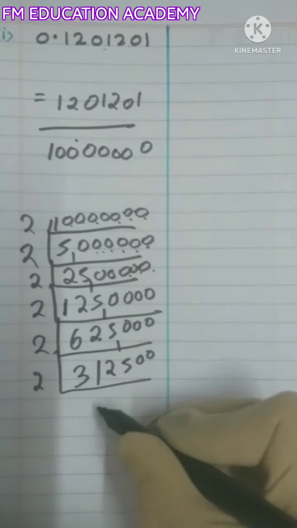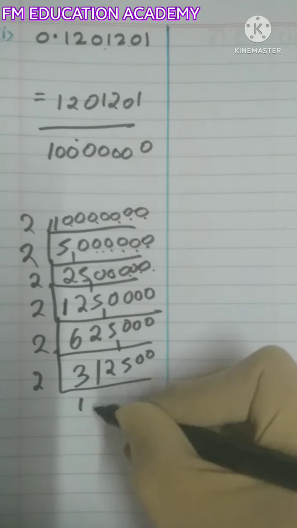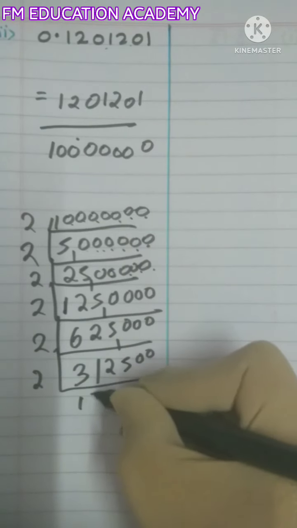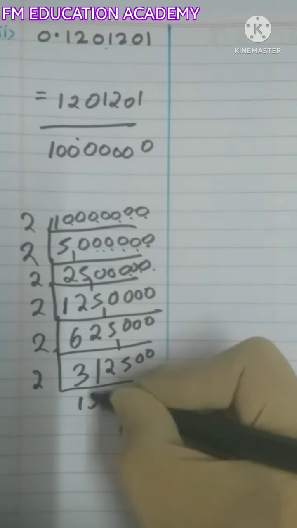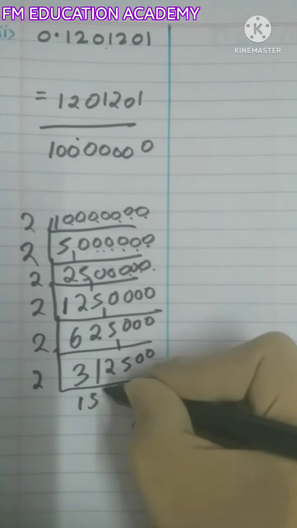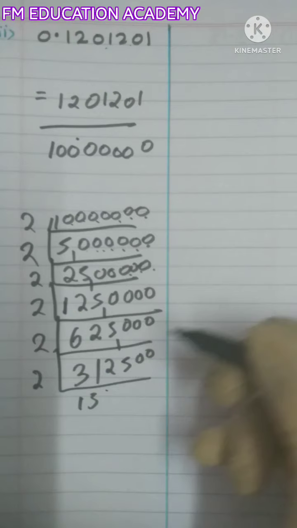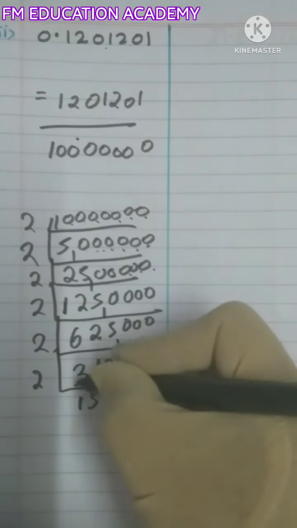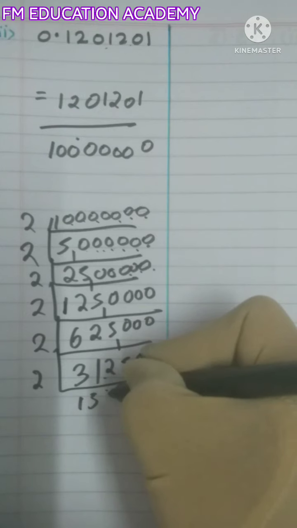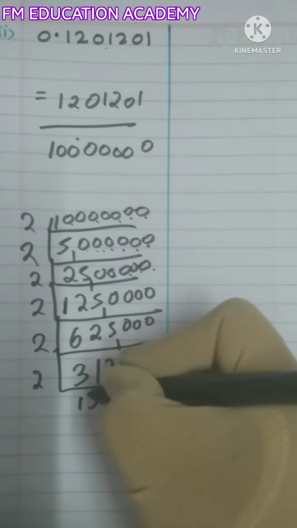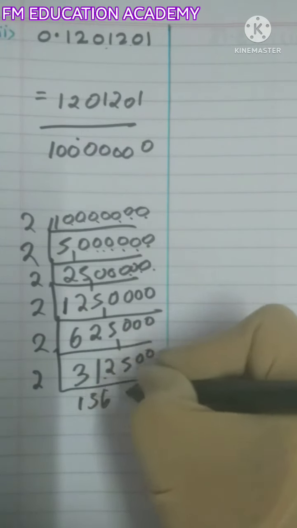Again divide by 2. 2 1s are 2, 3 minus 2 is 1 1, 2 5s are 10, 1 2. Wait a minute. 2 1s are 2, 3 minus 2 is 1 1, 2 5s are 10, 1 2. 2 6s are 12, 2 2s are 4, 5 minus 4 is 1 0, 2 5s are 10, 2 zeros.